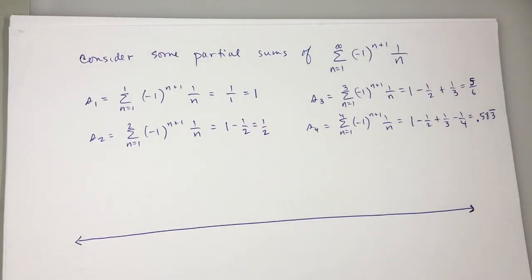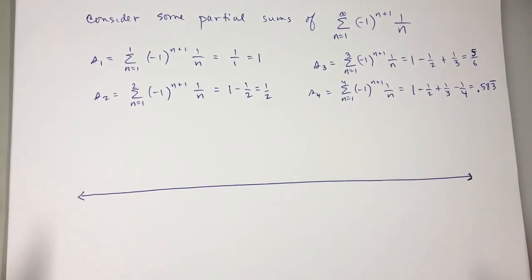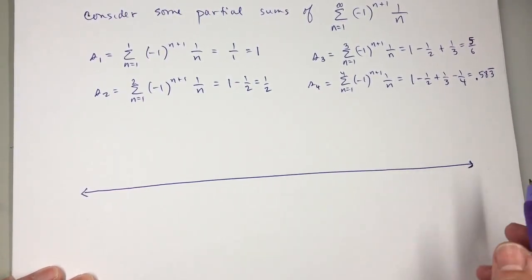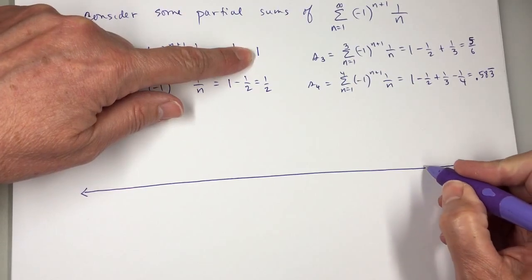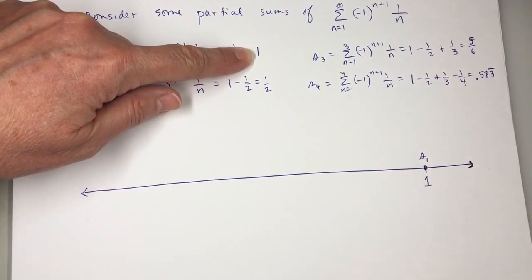At this point, I want to plot these on this number line, and I kind of know how I want to label the number line. I get 1 over here. I'm going to put it way out this way. That is S sub 1.